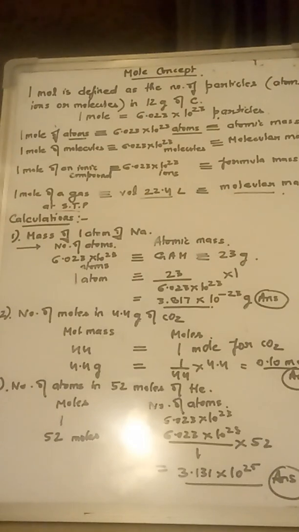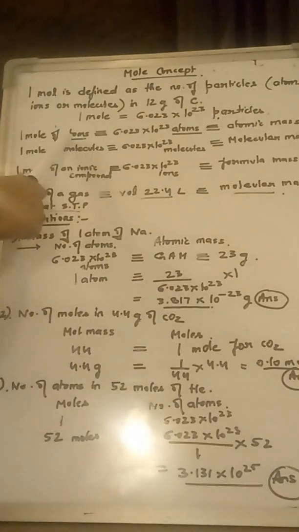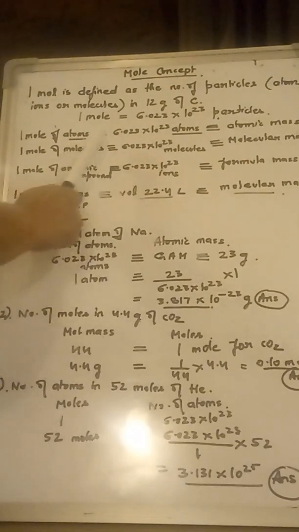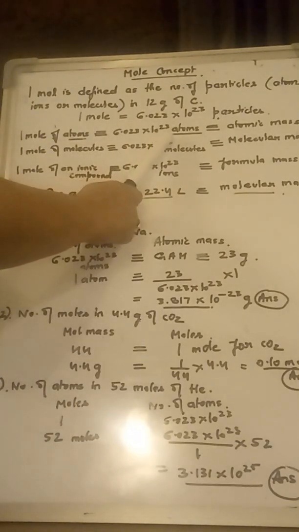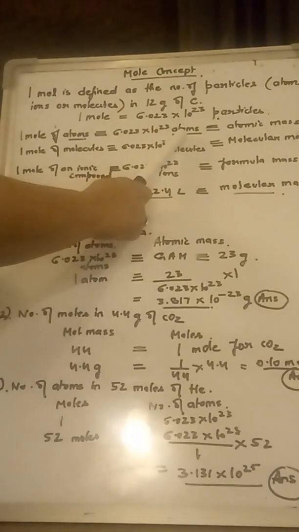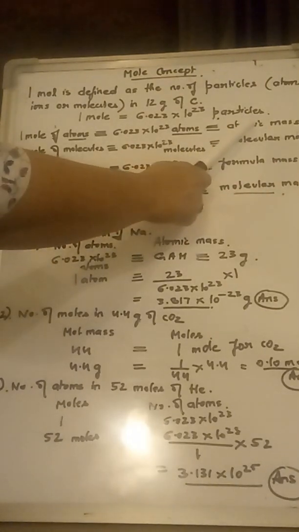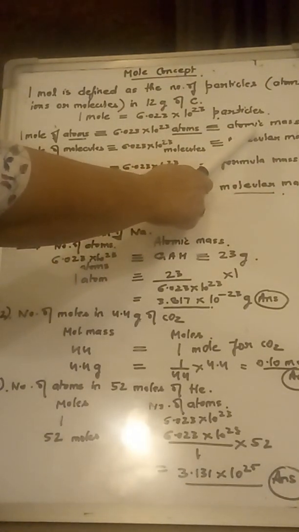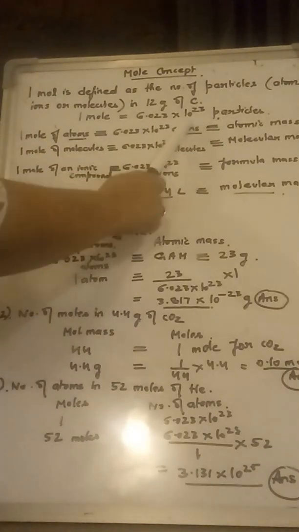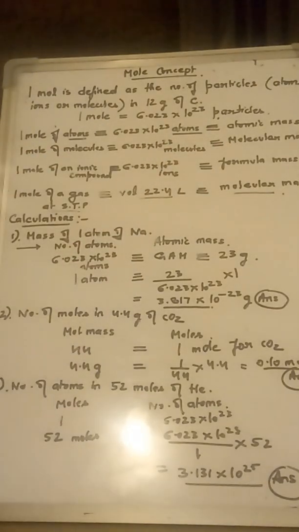If you talk about atoms, then 1 mole of atoms has 6.023 into 10 to the power 23 atoms and has mass equal to its atomic mass. This value 6.023 into 10 to the power 23 is referred to as Avogadro's number, and I hope you already know this.